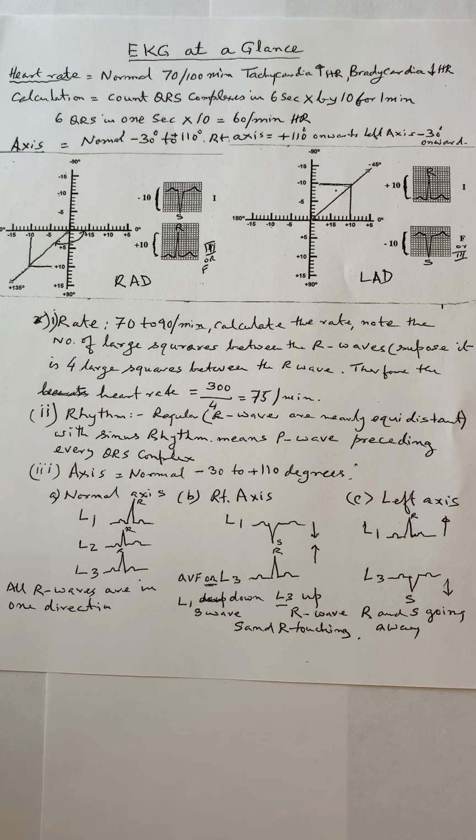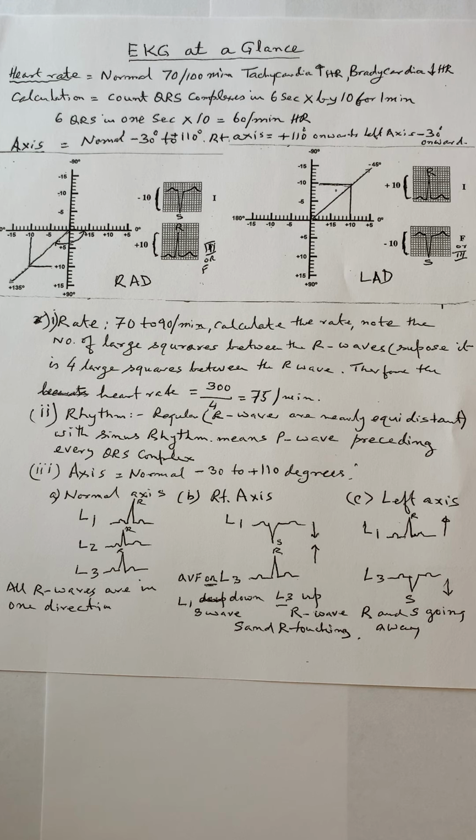You divide 300 by the number of large squares between two R waves. Supposing there are 4 large squares between the two R waves, then 300 divided by 4 will give you 75 per minute. So this is not difficult to calculate.